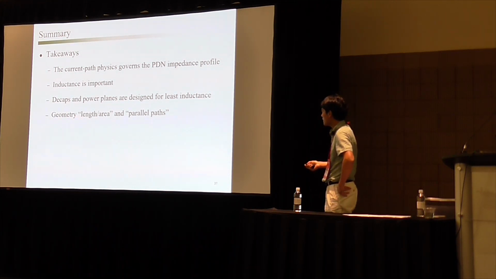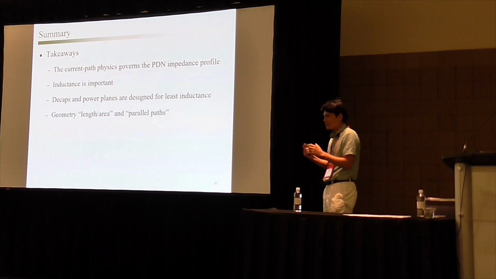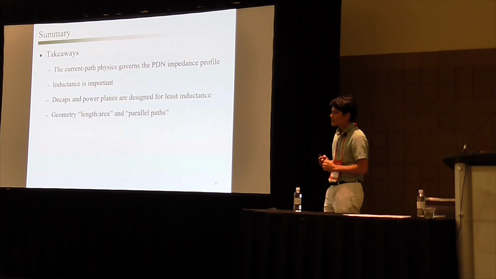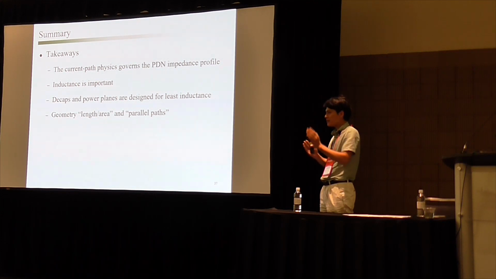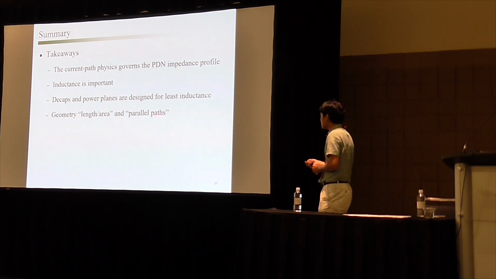And then the key factor is the area and length. We want to reduce the length or reduce the area so that we can minimize the inductance, or have multiple paths. By having multiple paths, the inductance can be reduced a lot, right? So with n parallel paths, we can make the inductance L over n. So this way we can reduce the inductance a lot.